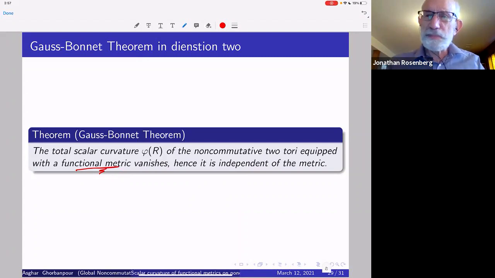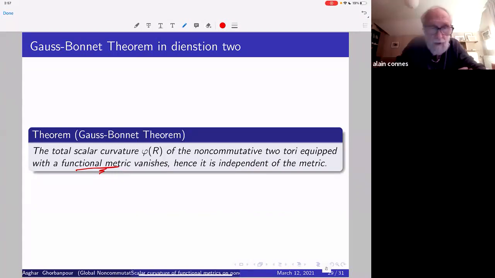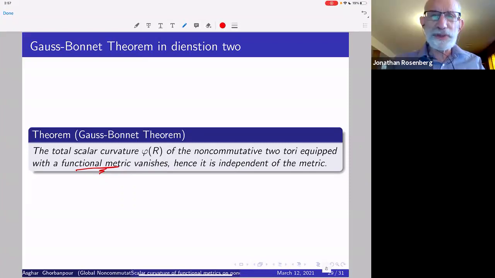There's this paper by Dabrowski and Sitarz, where they consider these funny looking metrics on the 2-torus, which don't look conformally flat when you look at the picture of them, but maybe they are, it's hard to tell. They do some calculations, and for those, they also found that the Gauss-Bonnet theorem seems to hold.